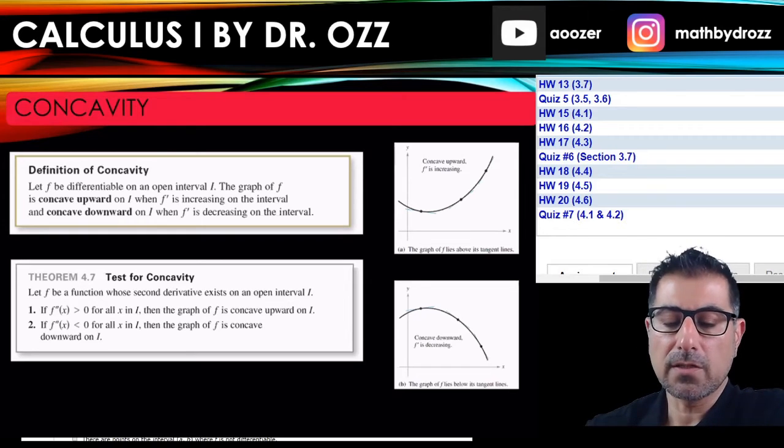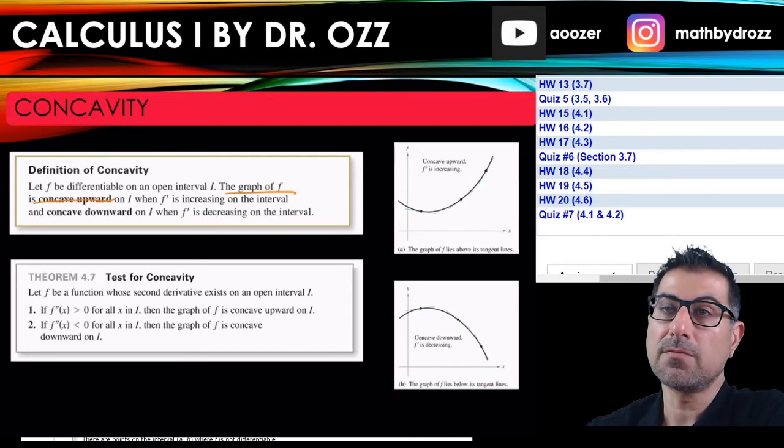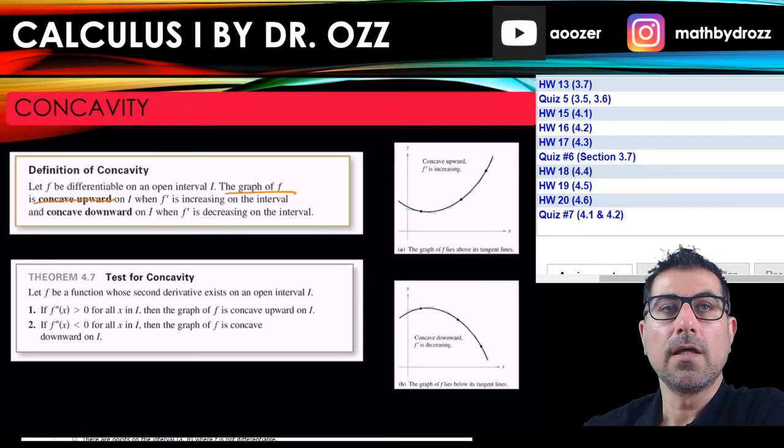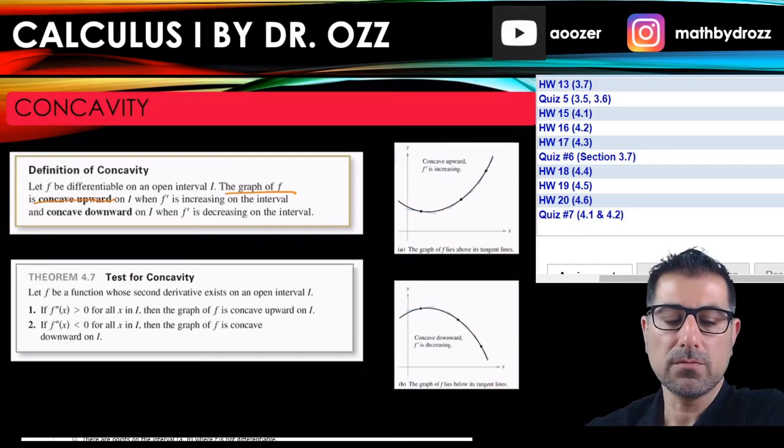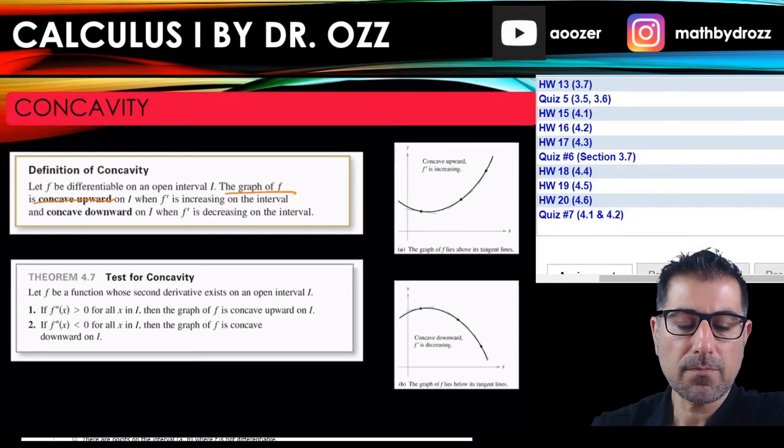So we say the graph of f is concave upward whenever f prime is increasing, whenever the slope of the tangent lines is increasing, and also it's concave downward whenever f prime is decreasing on the interval. So now how do we determine concavity by looking at the function expression? Well, you first find f double prime. Okay.